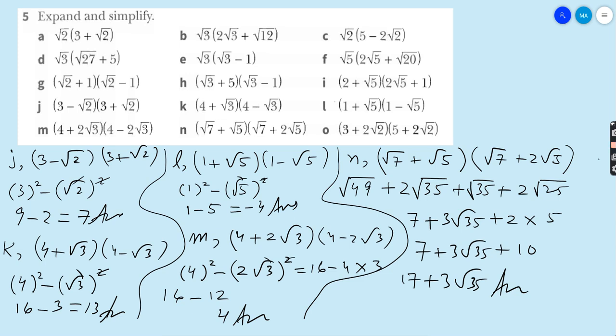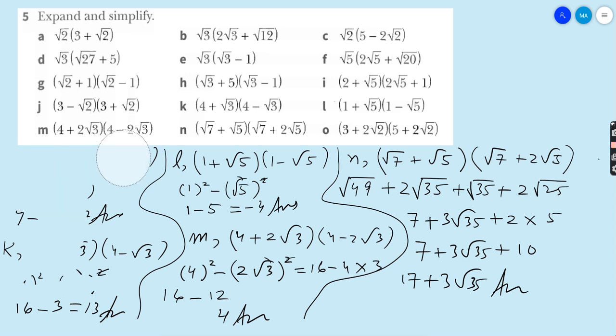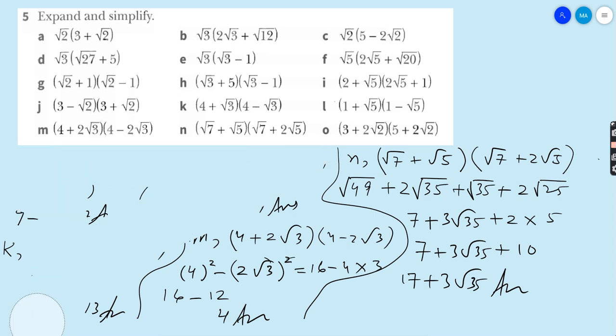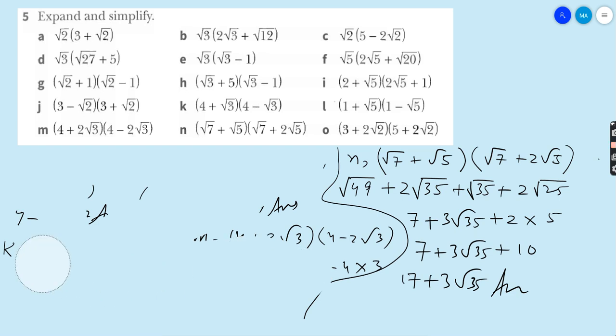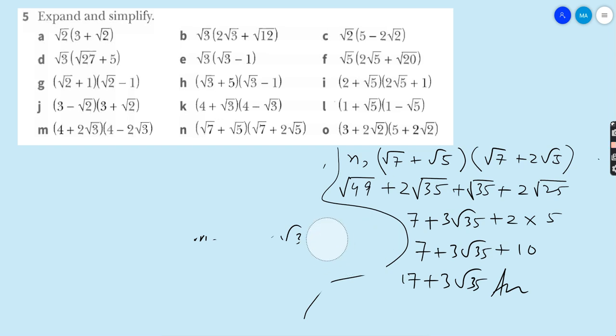Now for the last part O, I will make some space. Part O, 3 plus 2 root 2 multiplied by 5 plus 2 root 2.